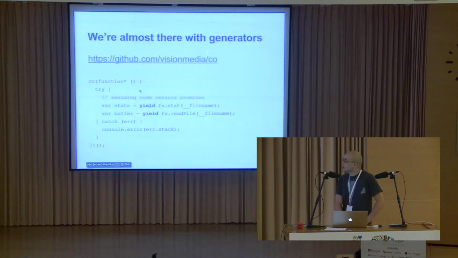But instead of using an async function, you have a generator function that co wraps. And instead of await, you have yield. Here, assuming no returned promises again, you basically have the same code. fs.stat returns a promise, you can yield it, and you get the value semi-synchronously. It looks like synchronous code, and you can also try and catch all your errors.